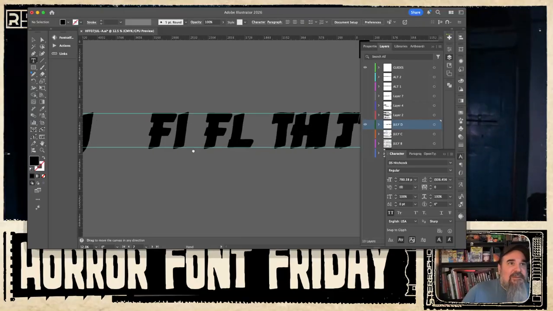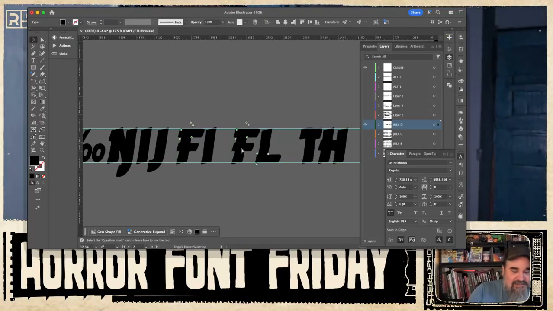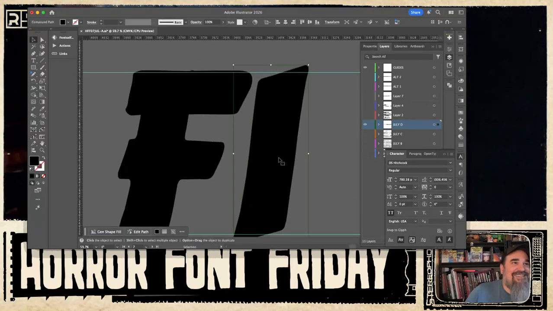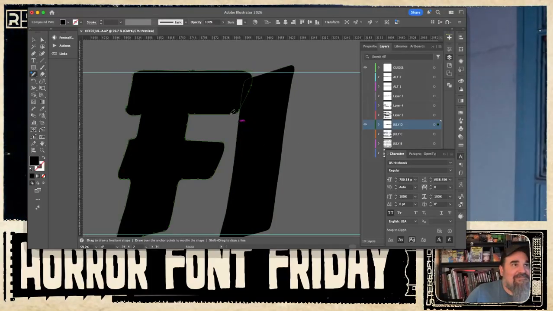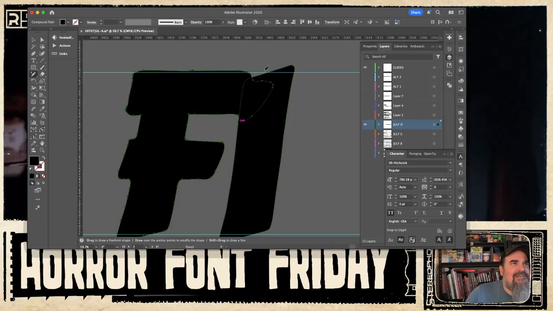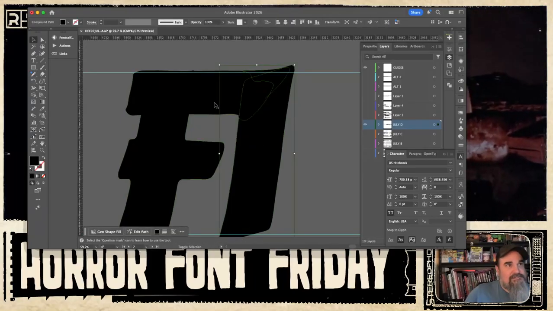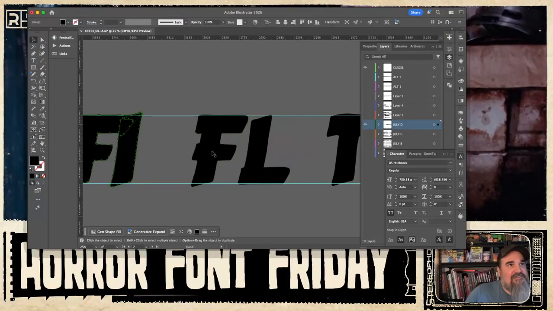But I noticed a lot of people also include a TH and a TT ligature. And then they're like, yeah, that's it. That's all my ligatures. But let's go ahead and draw an FI and an FL.